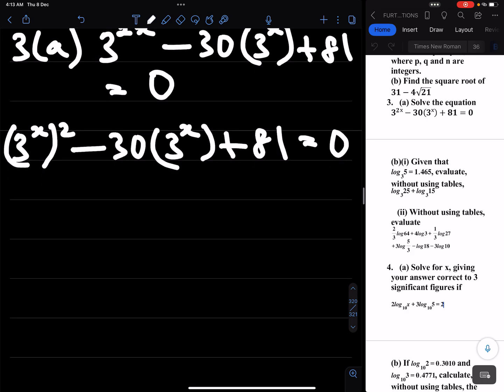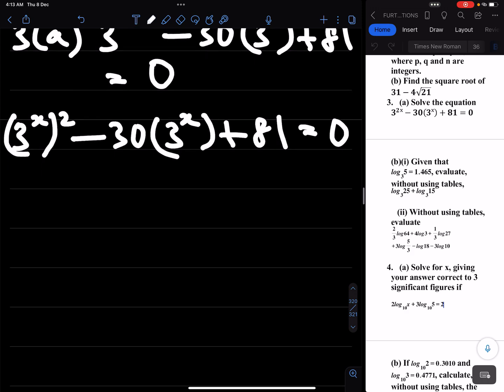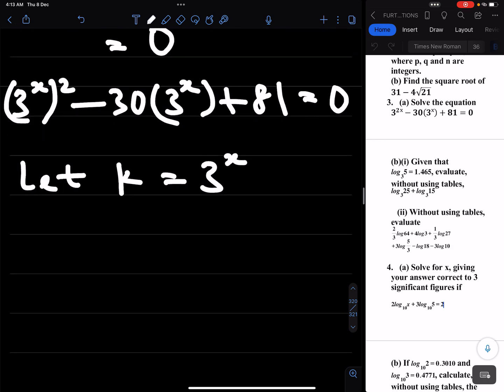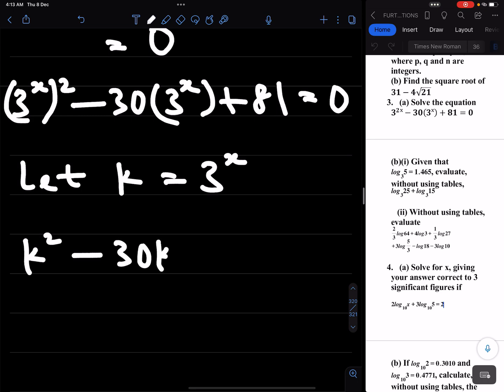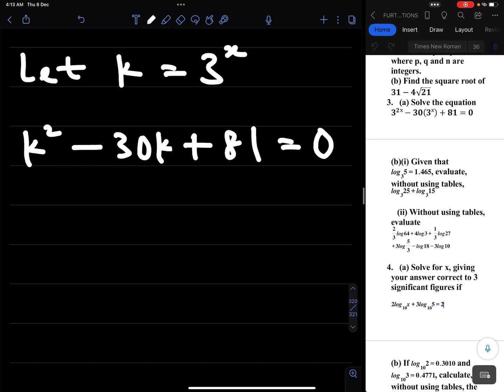And that means now I can make 3 raised to the power x k. Let k be equal to 3 raised to the power x, and the equation becomes k squared minus 30k plus 81 equals 0.